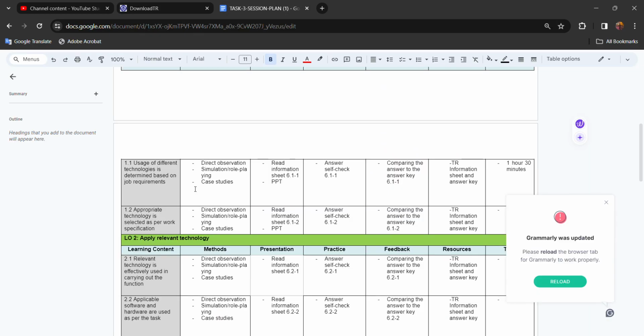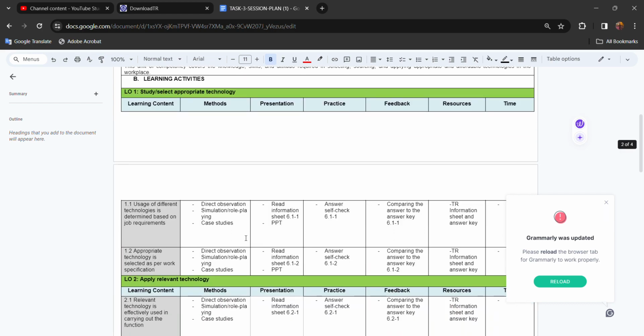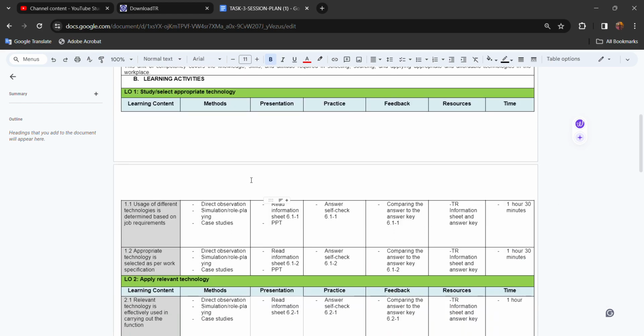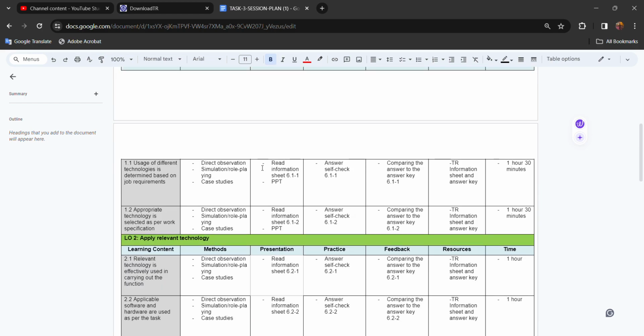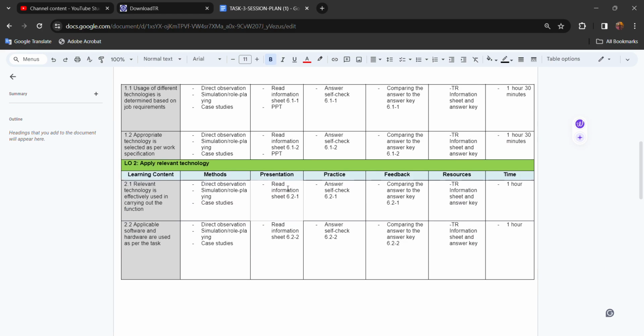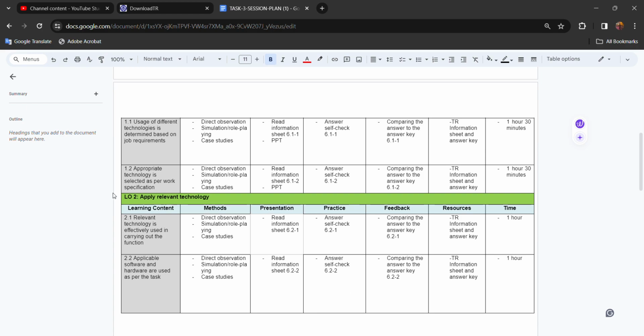I copied that and pasted it over here, and so on. And for the presentation, I just put read information sheet 6.1-1, and I also put PPT and some of those that I think are needed and must have a PowerPoint presentation to understand more deeply.